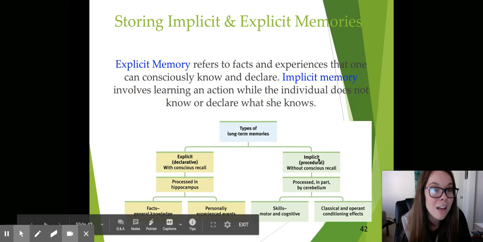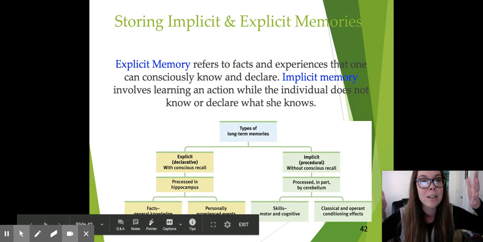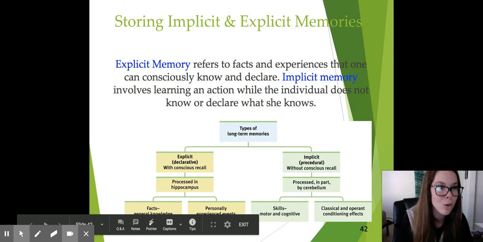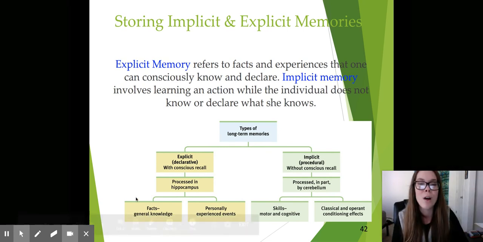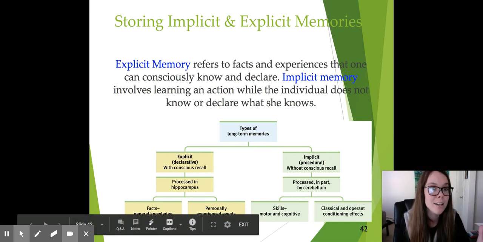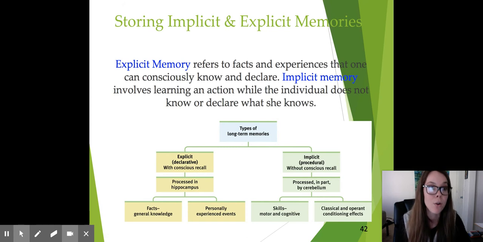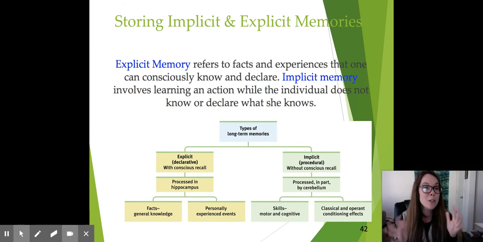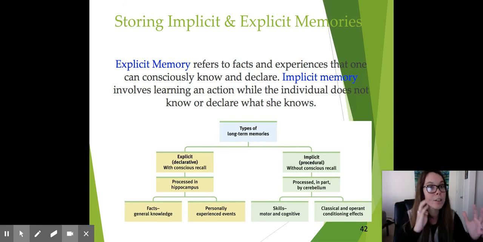Think of implicit as a procedure that you know to do well. While explicit is conscious recall, implicit is without conscious recall. We didn't even know that we stored it. I really need you to know the difference of both, because the hippocampus stores explicit and our cerebellum stores implicit.